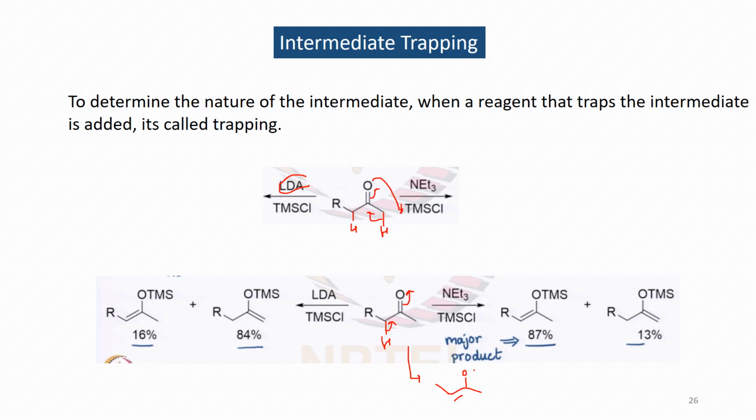So here as a trapping reagent we are using TMSCl, and by just trapping this intermediate, when we get the product, we get this one as a major.